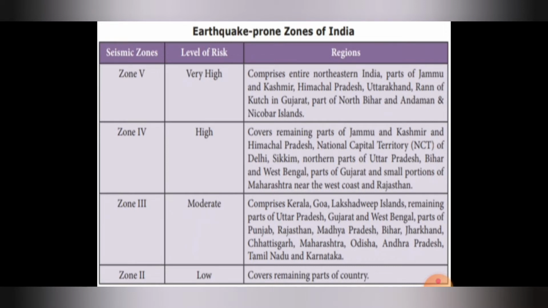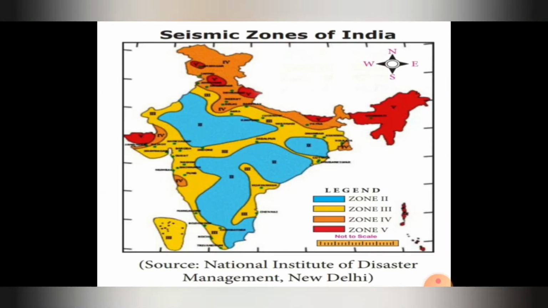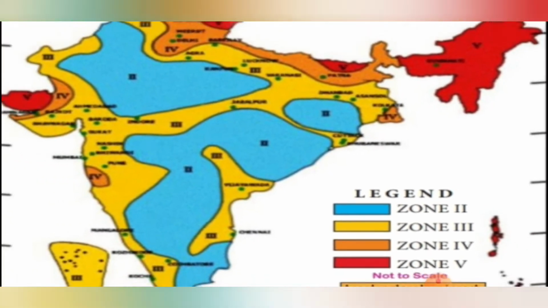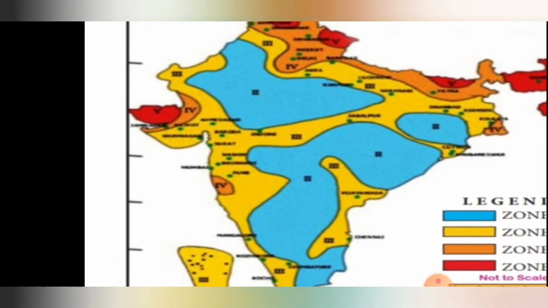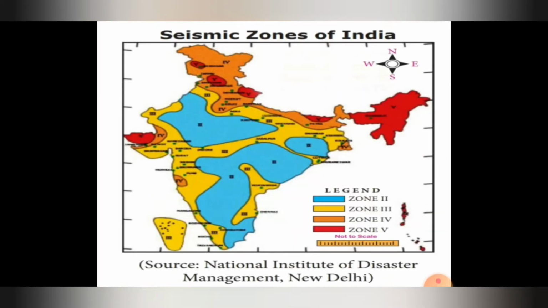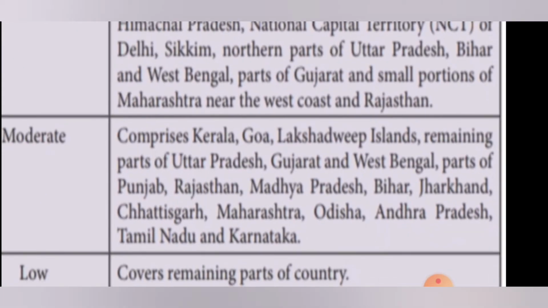Next one is zone 3. Zone 3 is moderate. You could see here in the map, zone 3 is yellow in color. You could see many places marked in yellow with Roman numeral 3. Got it? Now we will see the regions.